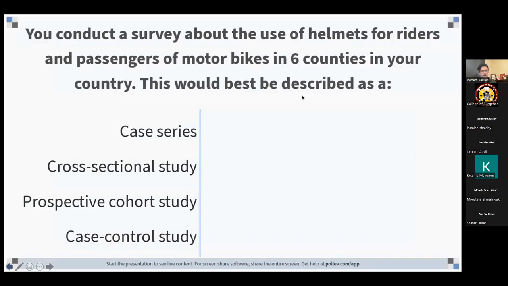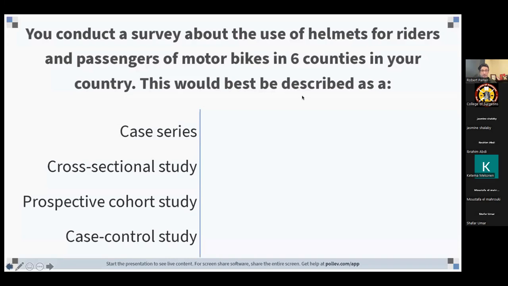Excellent. So I would describe this as a cross-sectional study. It is a snapshot in time, a survey where you are asking questions of a group of riders and passengers of motorbikes. So you could potentially turn this into a prospective cohort study if you wanted to enroll each of these passengers and riders and watch them over time to see whether or not they are involved in a collision. That would be a great prospective cohort study.